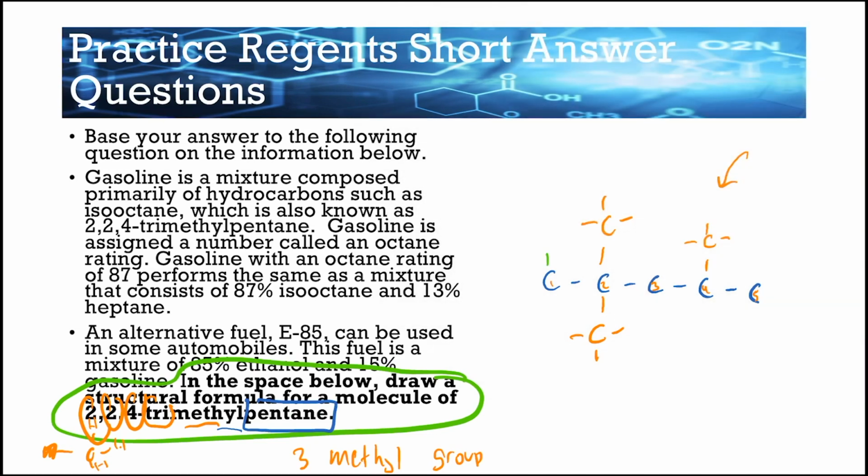And then you can fill in your H's everywhere else. And that is your 2,2,4-trimethylpentane. Again, it seems really complicated, but if this makes sense, you can be like, oh my god, mom, dad, sister, brother, fish, frog, somebody, look at what I can draw. And then you could teach it to them. And then they could be so amazed by your organic chemistry knowledge.